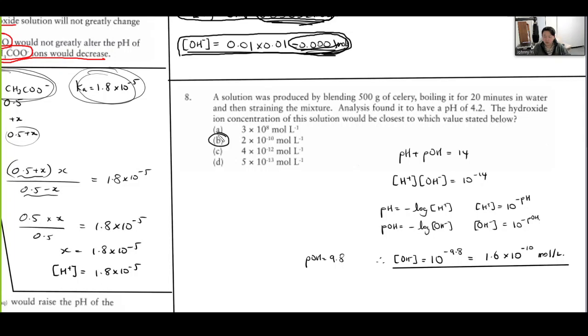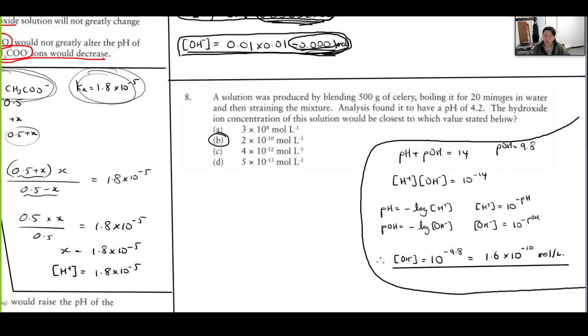So why 2 instead of 1.6? They could be just rounding it. But also this question says it was boiled. I'm assuming celery, when you blend celery, then it contains some acid in it.